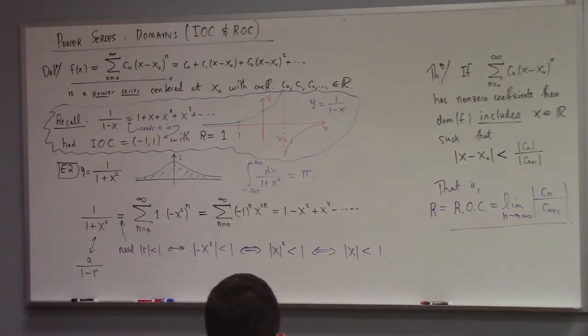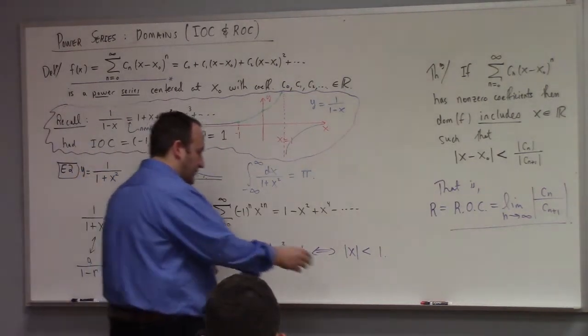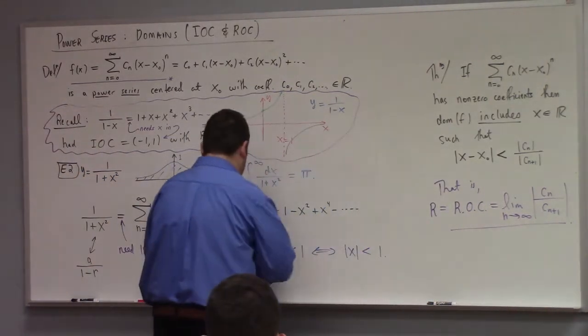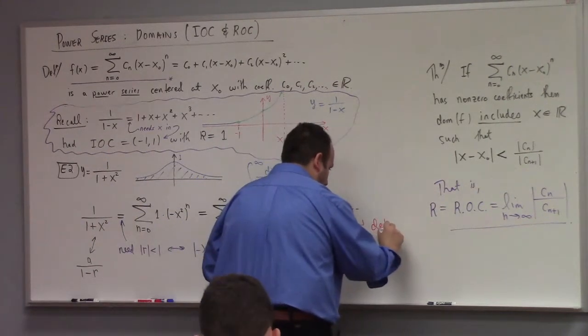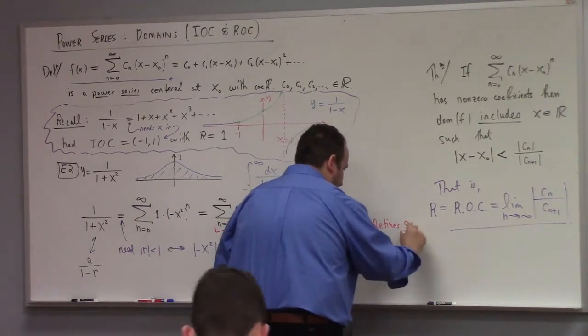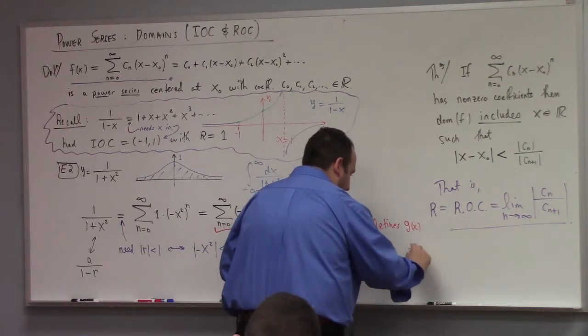And yet I know that, let's focus our attention right here. Let me say that this defines, let's say, g of x. The domain of g of x is what?